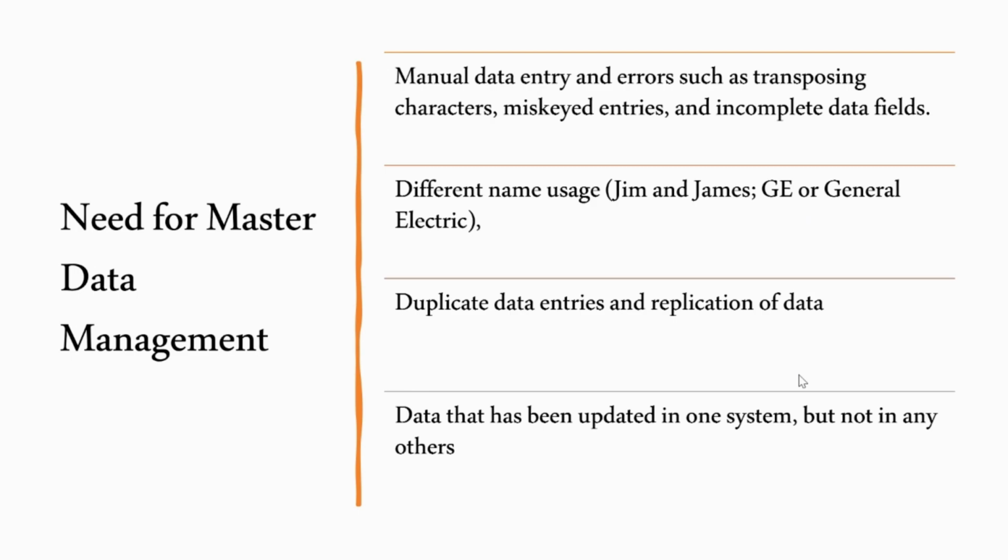For example, any product based company has legacy systems which have been running for generations, and now they are moving to a new system, some new ERP or new CRM system.